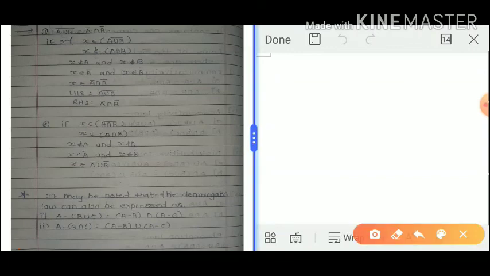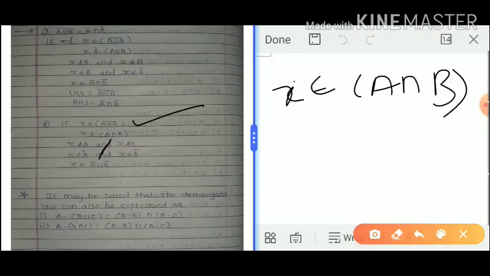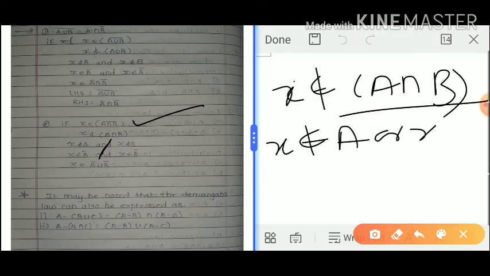If X belongs to A intersection B complement, that means X does not belong to A intersection B. We can write the same thing as X does not belong to A or X does not belong to B.